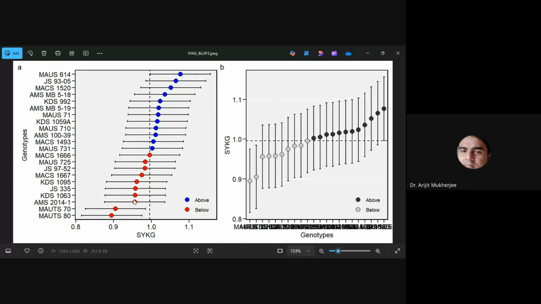Sir, the average performance is above average for the blue dotted lines, but the error bars come from the genotype performing differently in different environments. Error bars mean the performance of that genotype is fluctuating and deviating. How can you control the environment?